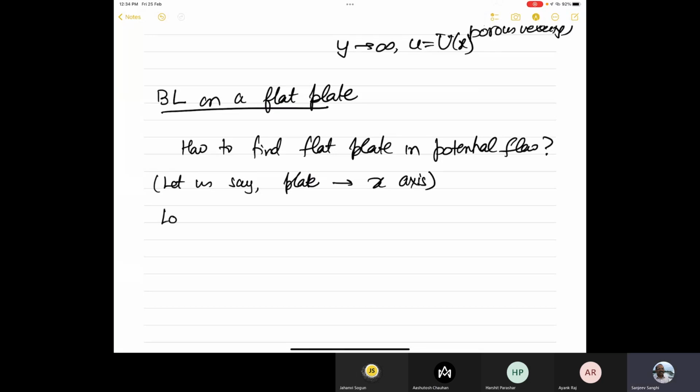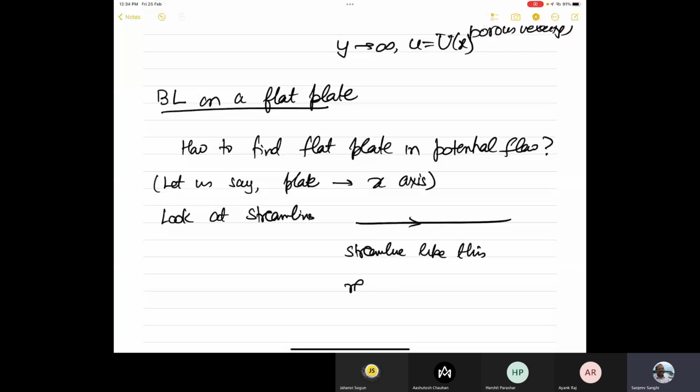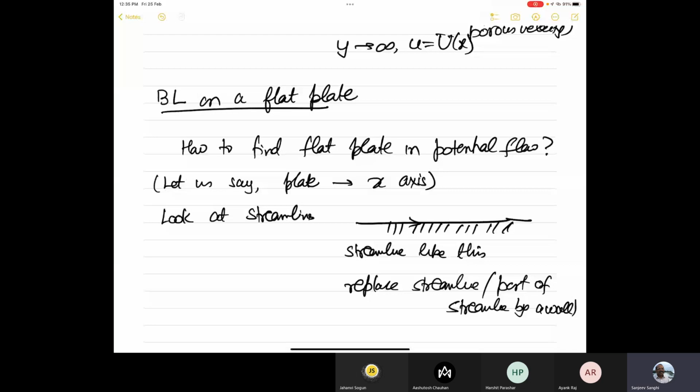We look at streamlines in a potential flow, and if we get a straight streamline like this, which is parallel to the x-axis, then we can replace the streamline or a part of the streamline by a wall. So let's say if this is the flow, we'll just put a part of this and we say this is the wall. This is how we find flow past bodies in potential flow.